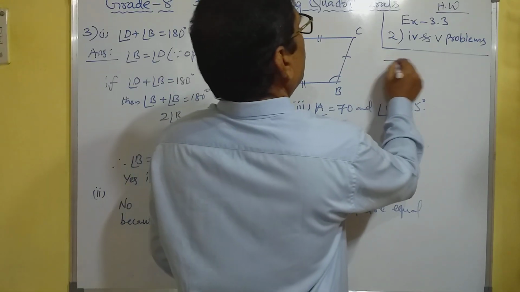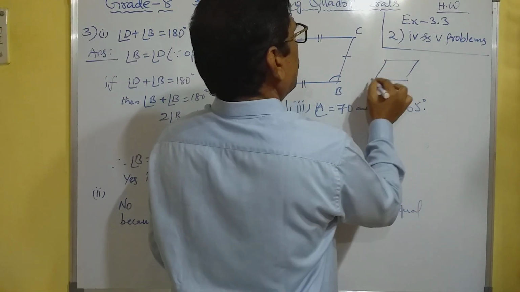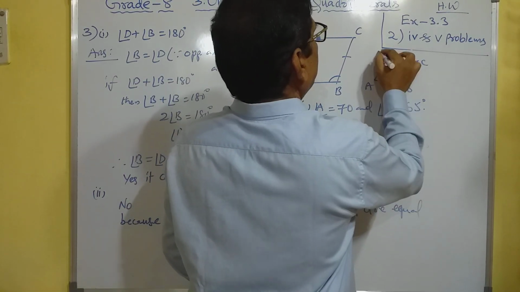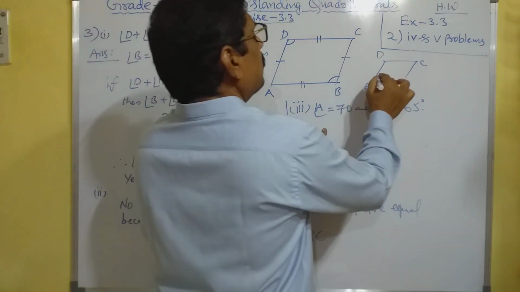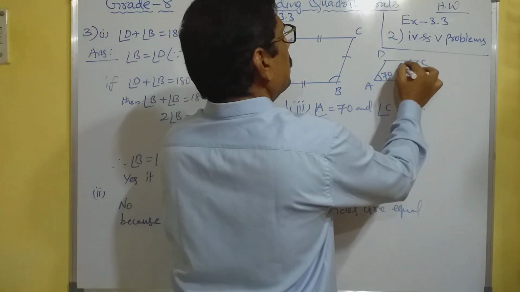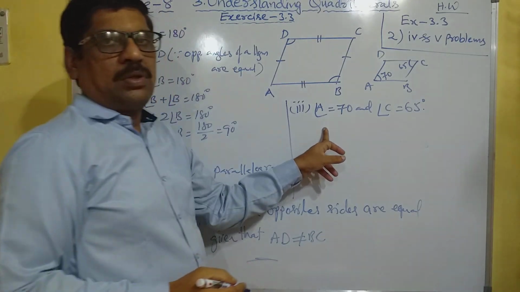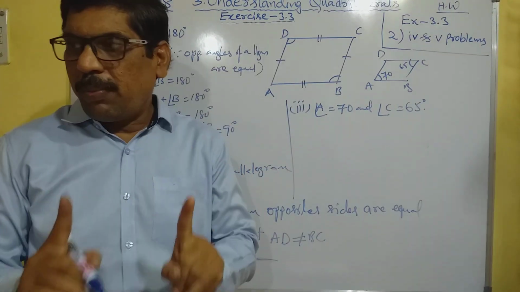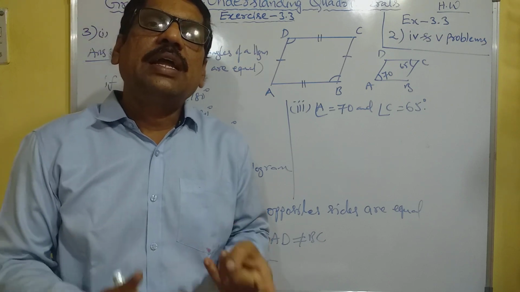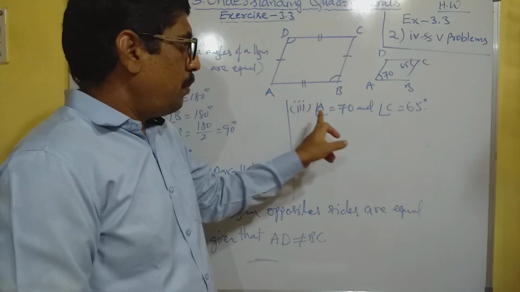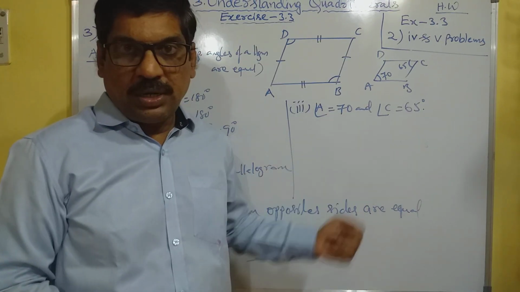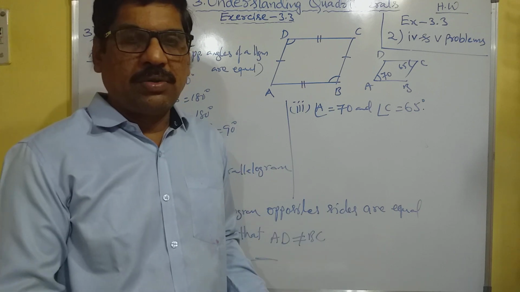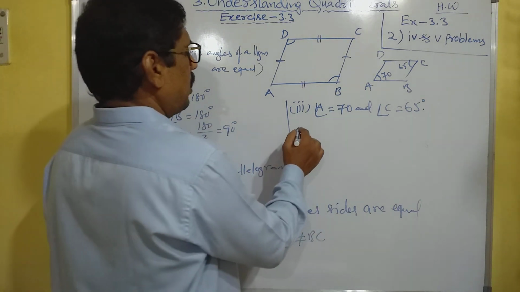Let us draw a rough figure ABCD, with A equal to 70 and C equal to 65. Is it a parallelogram? No. Why? Because we know the property that opposite angles in a parallelogram are equal, but A and C are opposite angles and they are not equal, so we don't get a parallelogram.